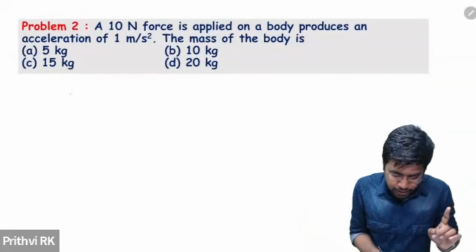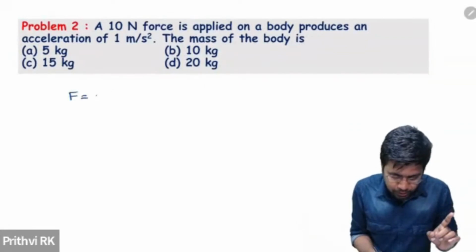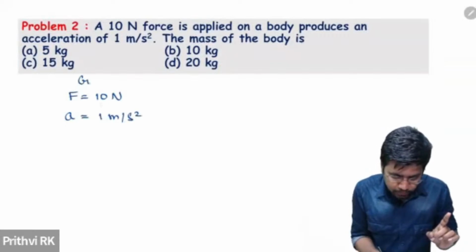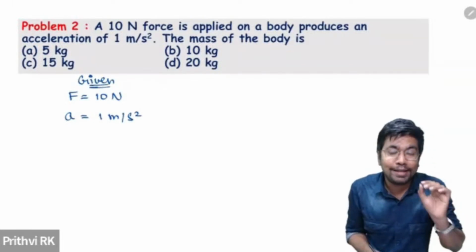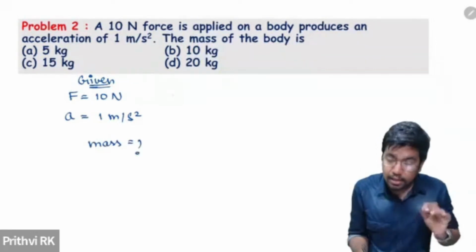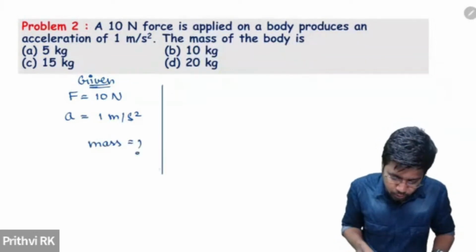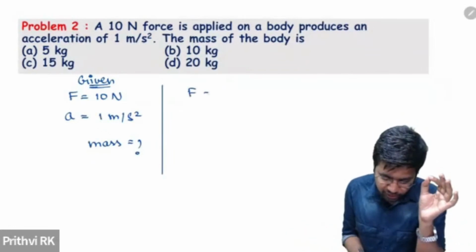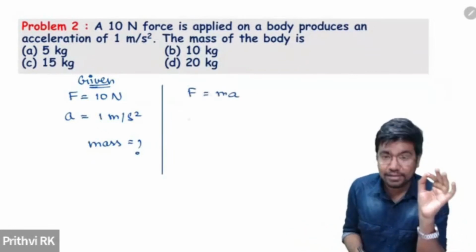Here what have they given? They have given the force as 10 Newton and the acceleration is 1 meter per second square. What are they asking? Mass. So I think most of you would have found out that the formula you have to use here is force is equal to mass into acceleration.